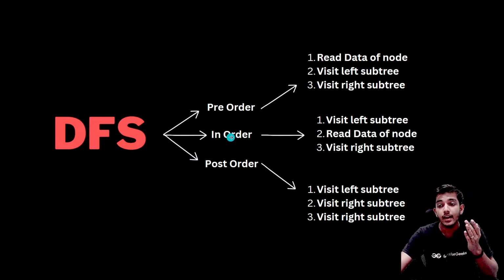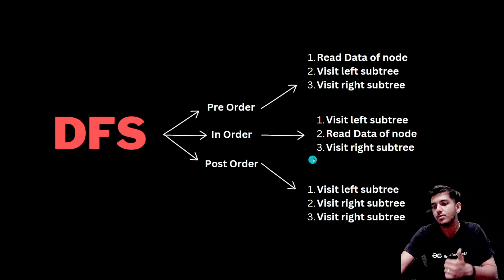Similarly in order, we visit the left subtree first, then we read the data of the current node, then we'll be visiting the right subtree. This is also done recursively. And similarly, we have post order. In post order, we'll be visiting the left subtree first, then the right subtree, then at the end we'll be reading the data of the node.